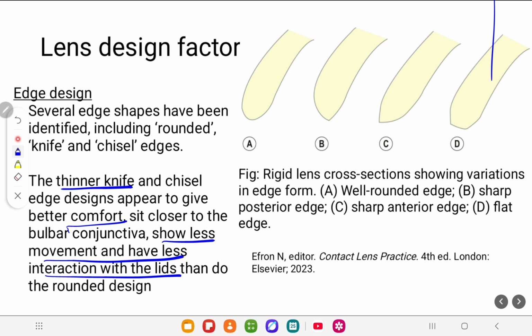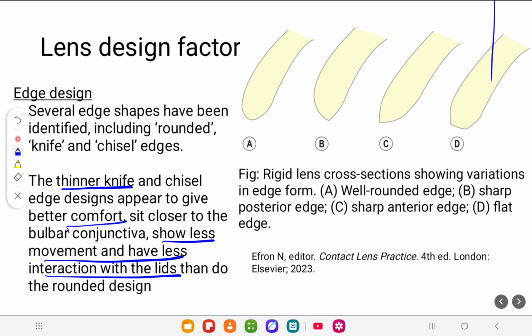So the first thing you have to understand is the edge and the shape of the edge. That really matters when we are talking about comfort, because edges interact with two things.